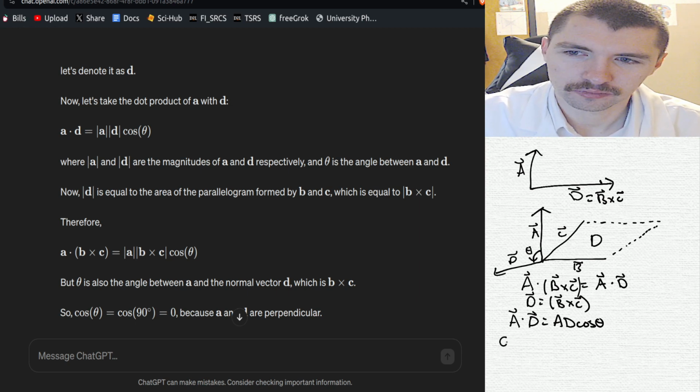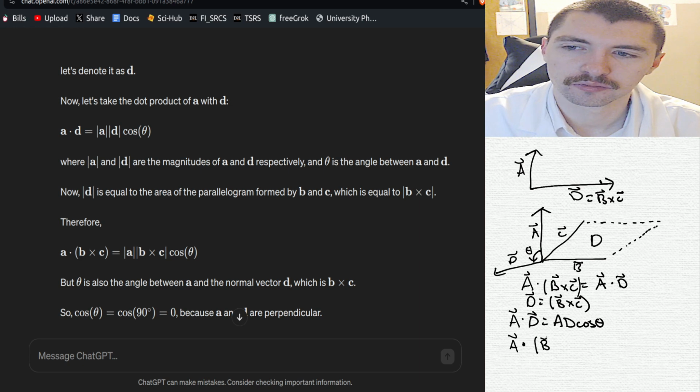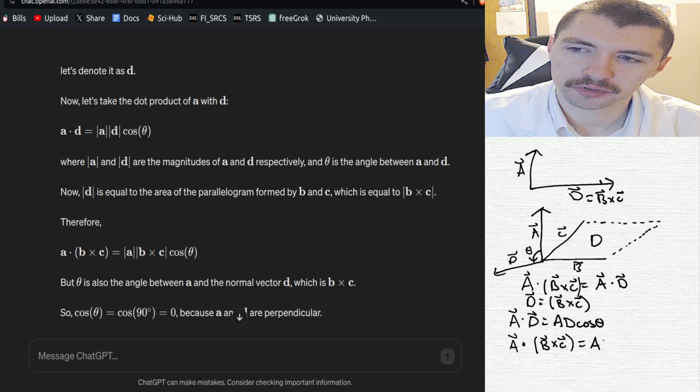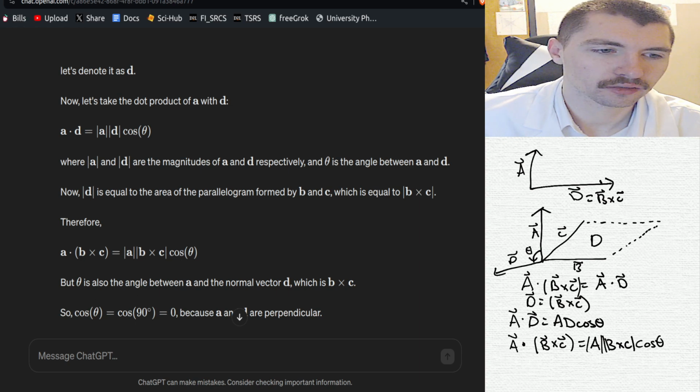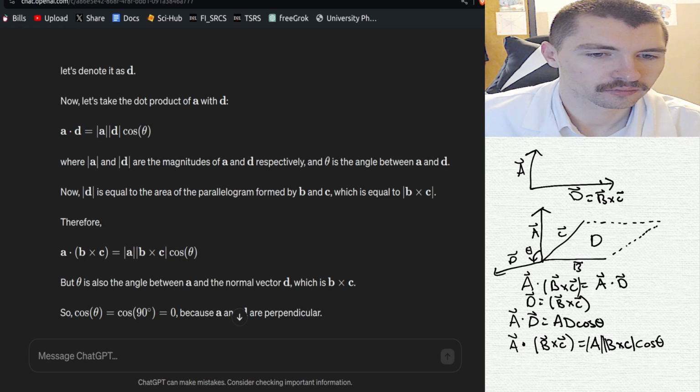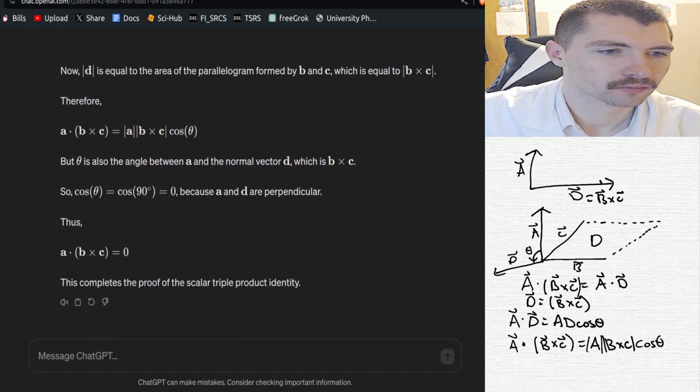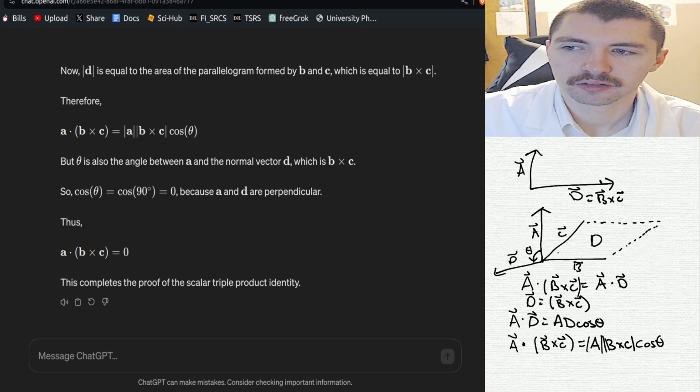So A dot B cross C equals A times the magnitude of B cross C, times cosine theta. Which basically turns out to be 0.